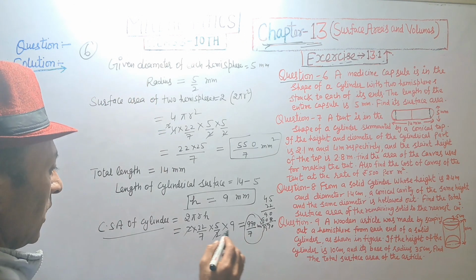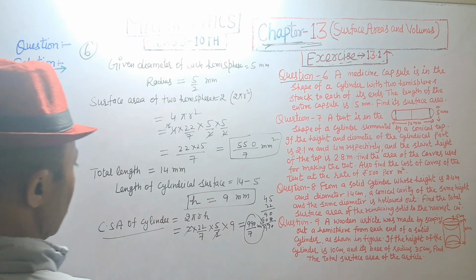Curved surface area of cylinder is equal to 990/7 millimeter square.